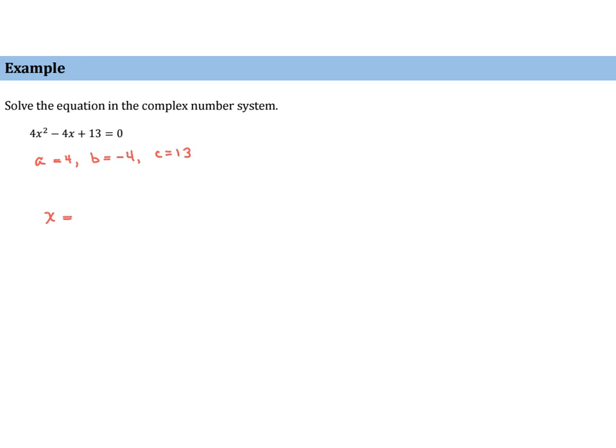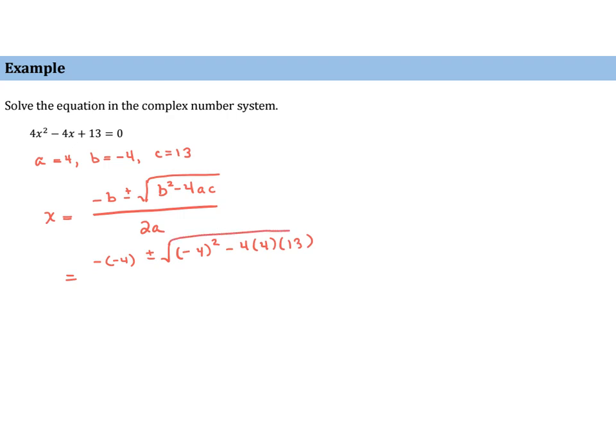So we have x equals negative b plus or minus the square root of b squared minus 4ac, all over 2a. So we have negative negative 4 plus or minus the square root of b squared, which is the square of negative 4, minus 4 times a times c, all over 2 times a.